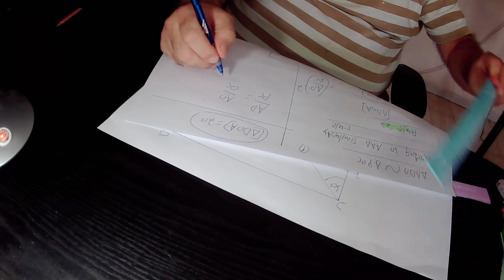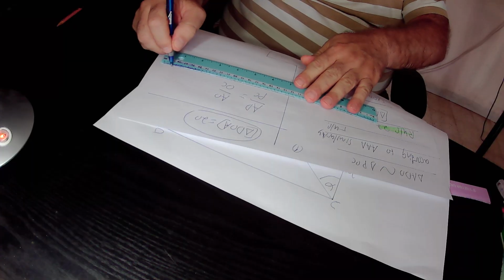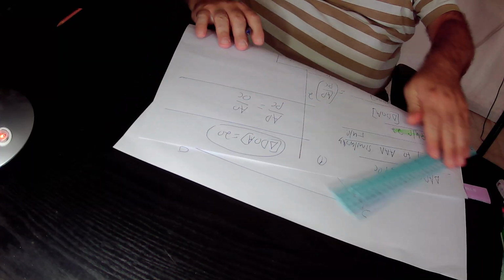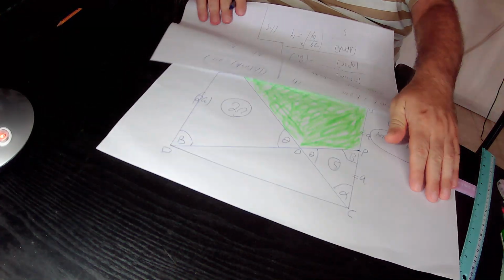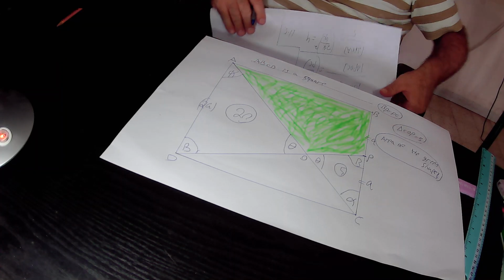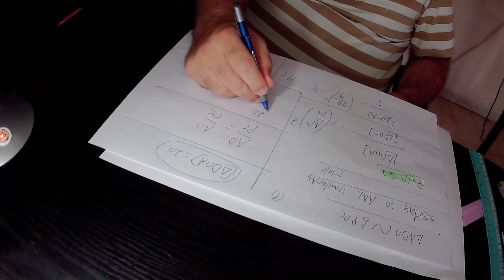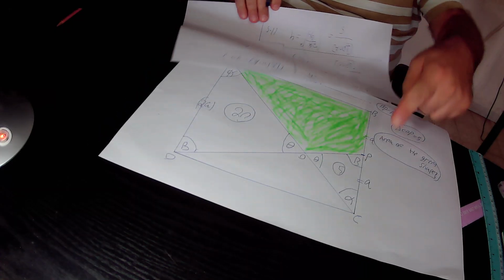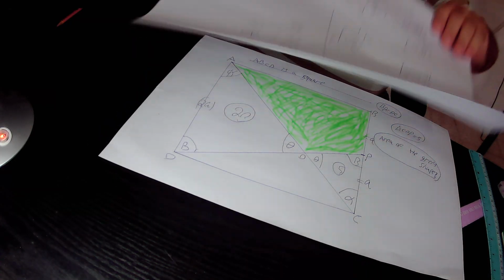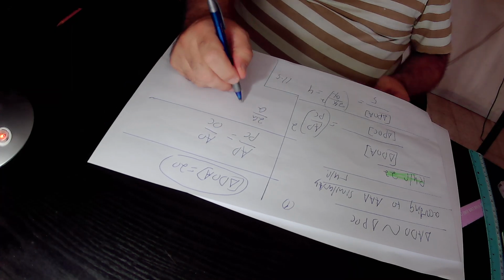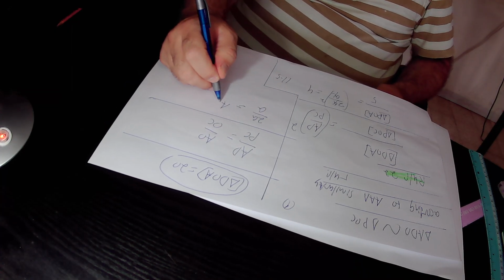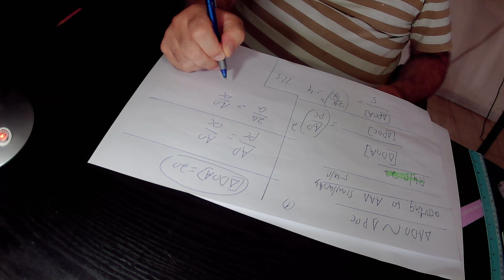So in total, we found out that AD over PC, AD is 2A over PC, PC is A. So it is 2A over A is equal to AO over OC.